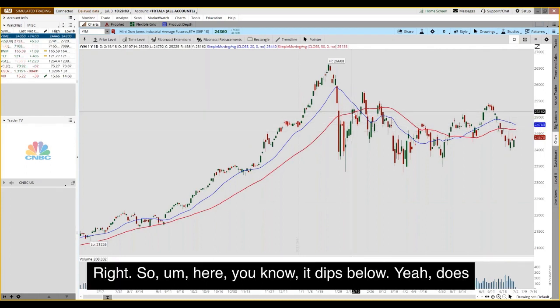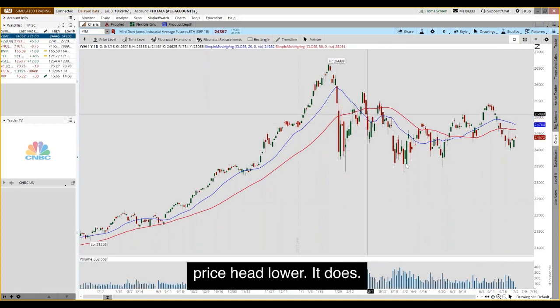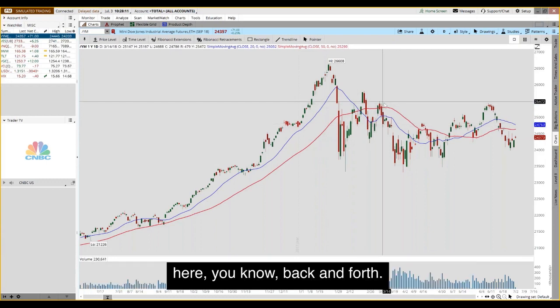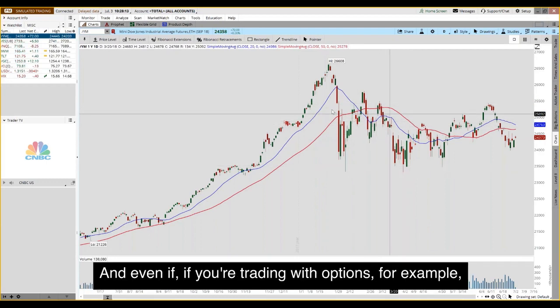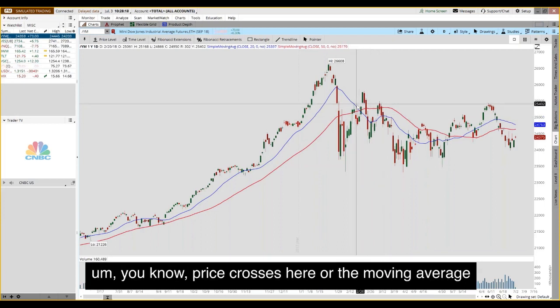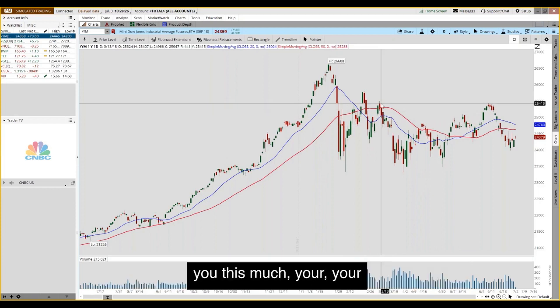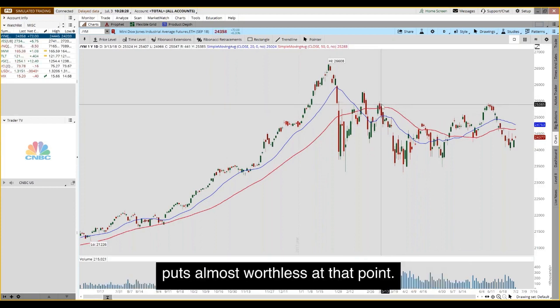So here, it dips below. Does price head lower? It does, although chances are you would have been stopped out here, back and forth. And even if you're trading with options, for example, price crosses here, or the moving average crosses below here, you buy a put and it goes against you this much, your put's almost worthless at that point.